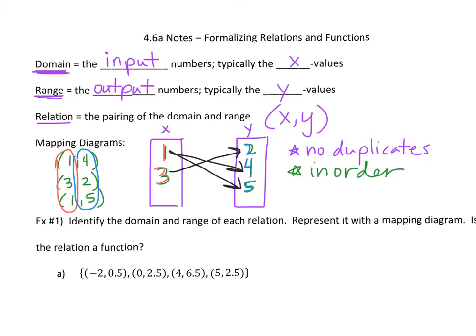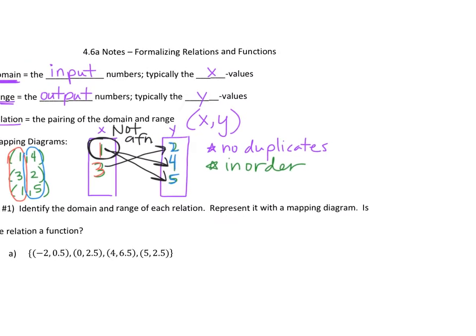Here's how you tell if it's a function. If any of your x values have 2 lines or more coming off of them, like the 1 does right here, that makes it not a function. Okay, now you can have 2 going to the same y value, but you cannot have 2 coming off of the same x value.